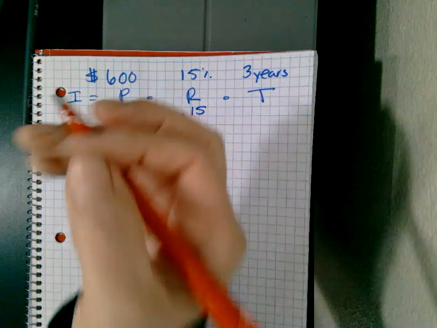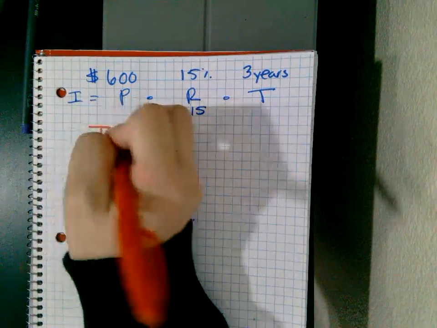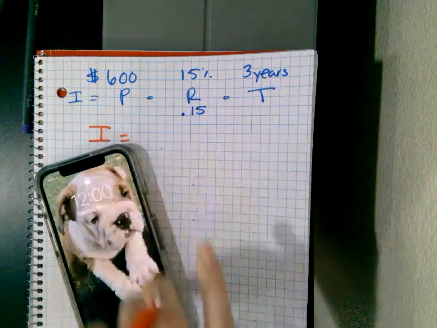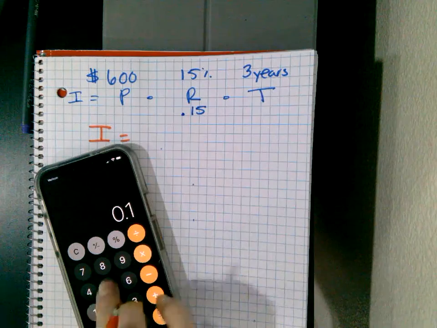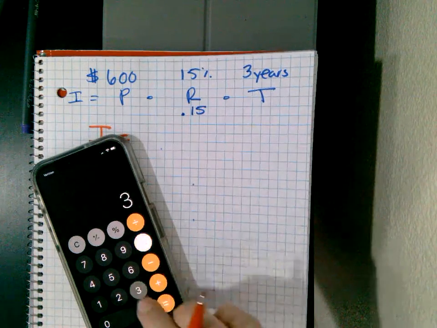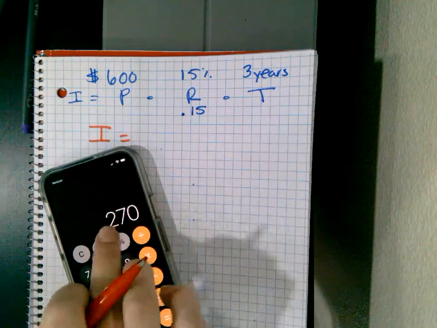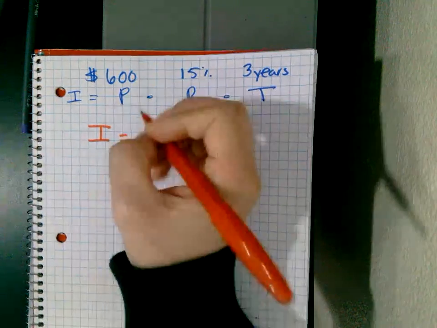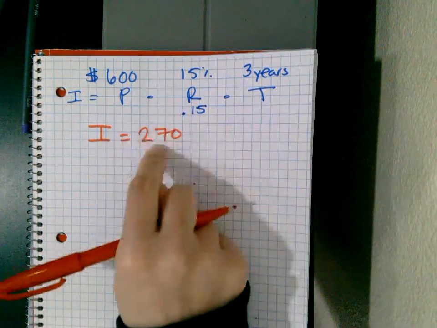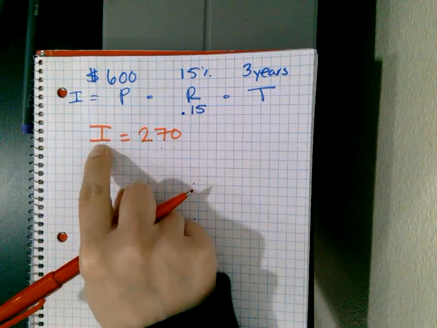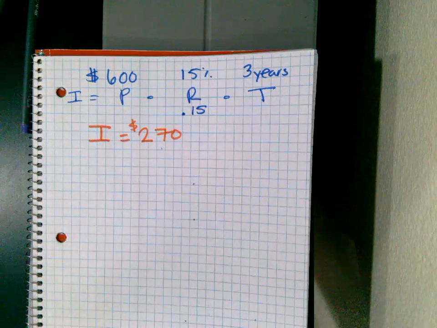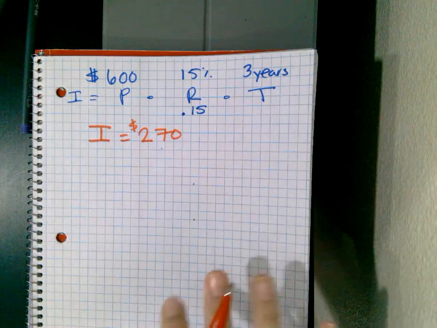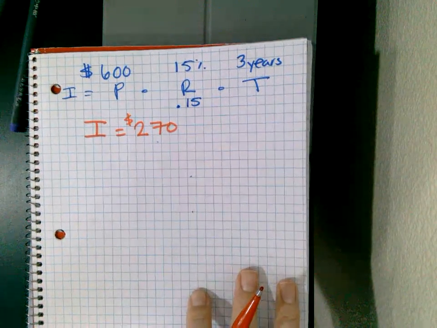So let's type this into our calculator: 600 times 0.15 times 3. Whatever your answer is, that's your interest. So interest is equal to $270. That's the extra money you have to pay because you borrowed money.